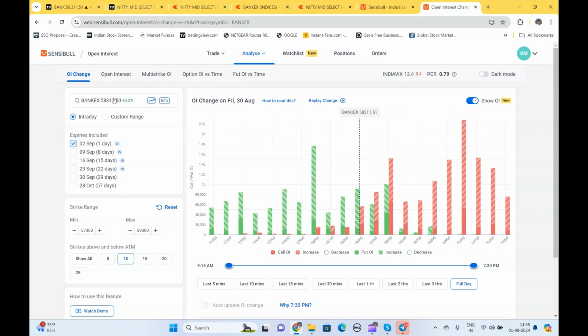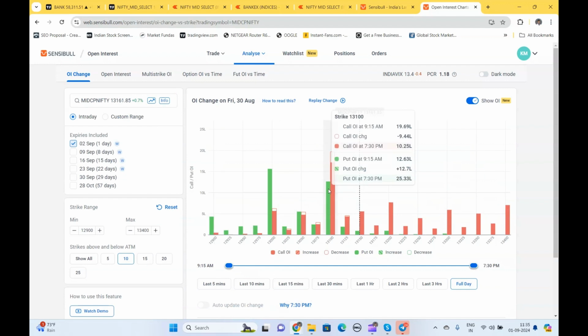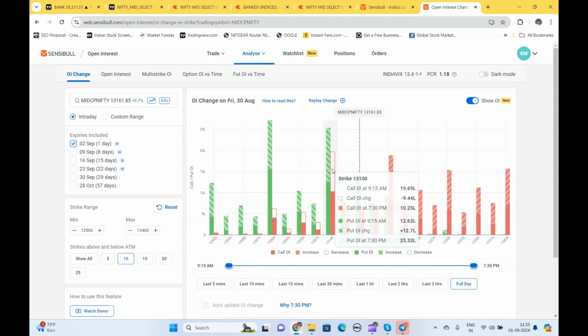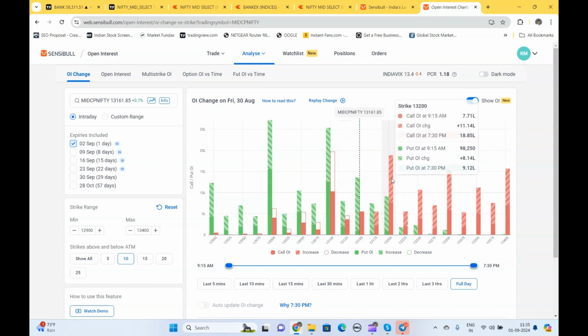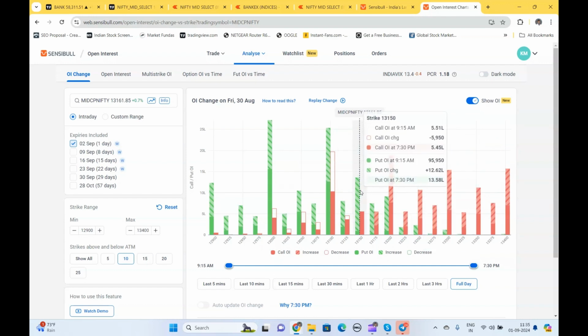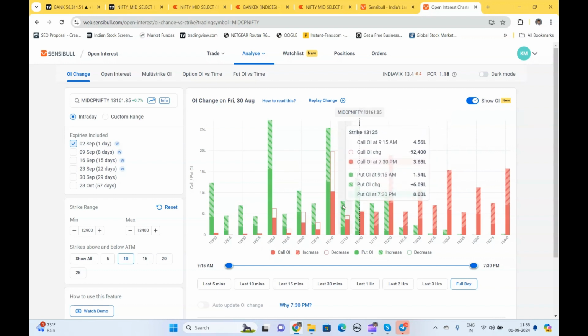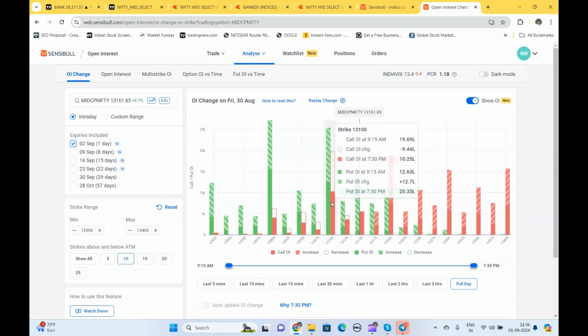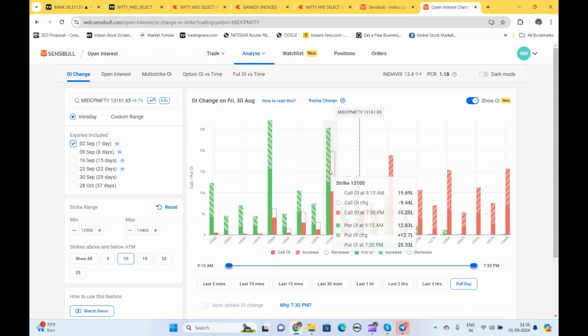In the same way, if you look at Mid Cap Nifty, a lot of call writers have left 13,100. Now the call writing is heavy at 13,200. At 13,150, there is put writing. If 13,150 is breached, it can come to 13,000.